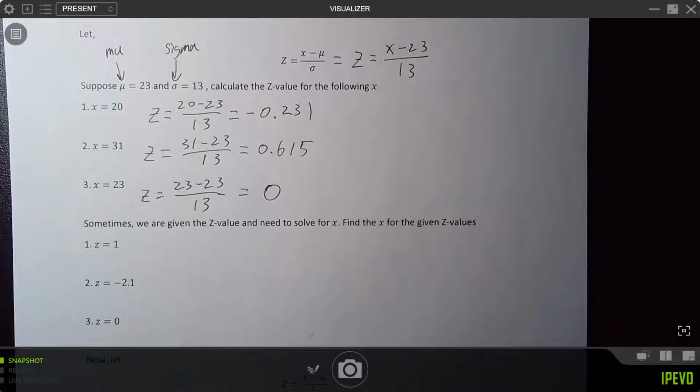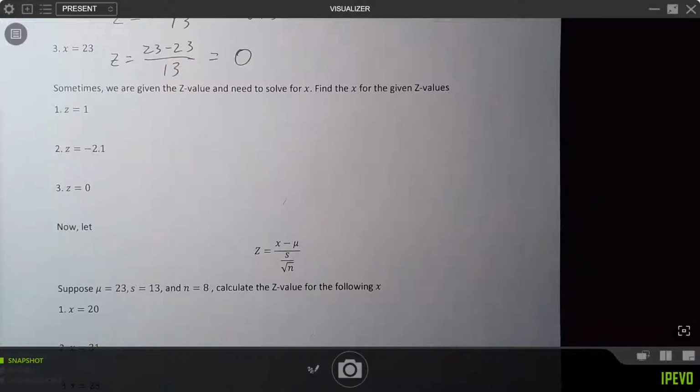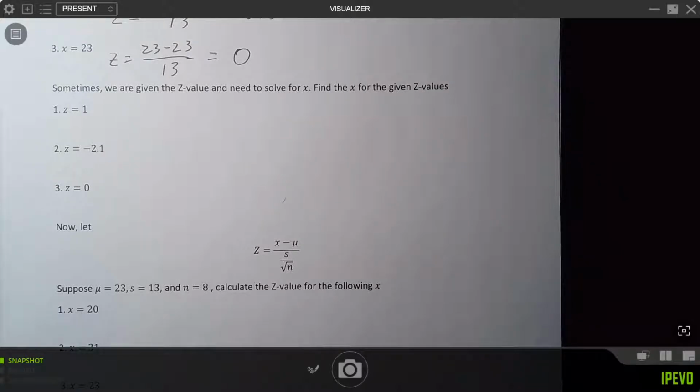Now, sometimes we are given the z value instead and need to solve for x, just like sometimes we have the Fahrenheit but need to convert it to Celsius. We don't need a new formula. All we need is to remember our algebra tricks. So let's say I have 1 equals, I don't know what x is, but I know what everything else is.